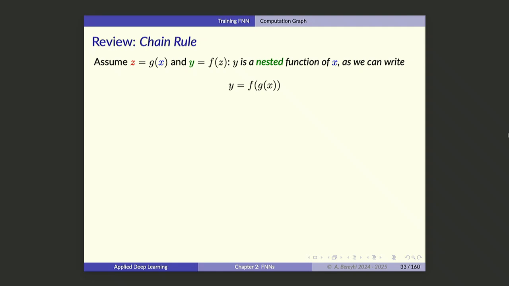Okay. Now, let's look at this one. Let's do this together. So this y, as I told you, is a function f of z. And z itself is a function of x, right? And now what I want to do is to be able to compute dy/dx. I want to just compute the derivative of y with respect to x.